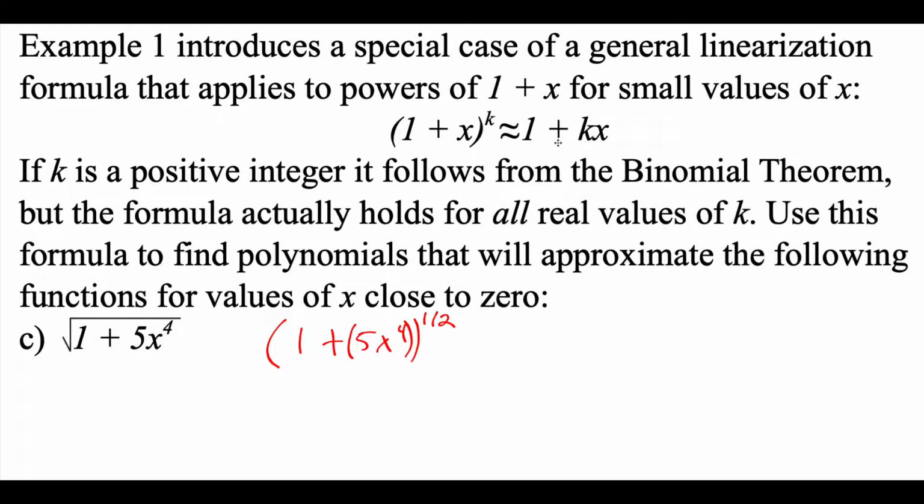So if I use this approximation formula, then it's going to be 1 plus the 1/2 power times the whole 5x raised to the 4th power. Well, with this 1/2 times this 5x to the 4th, I could really write that as 1 plus 5/2 x to the 4th power. So this will be our approximation this time.